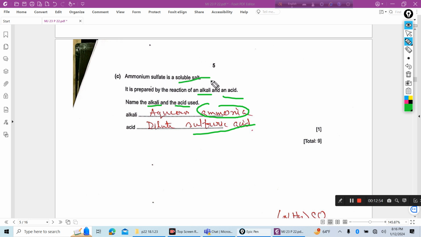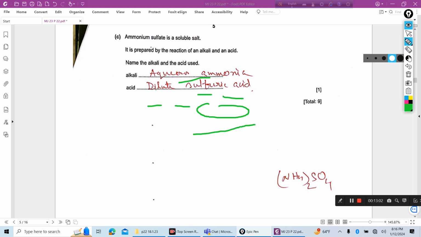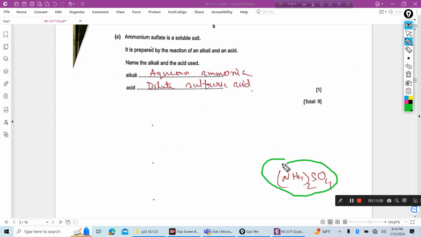This is a soluble salt. Sulfate's charge balance is 2, ammonium's is 1, so ammonium sulfate salt is formed.